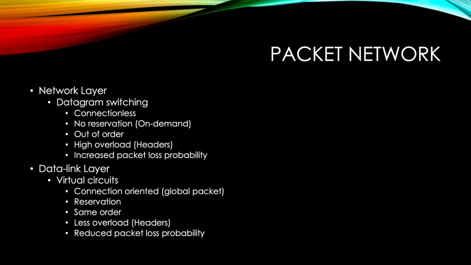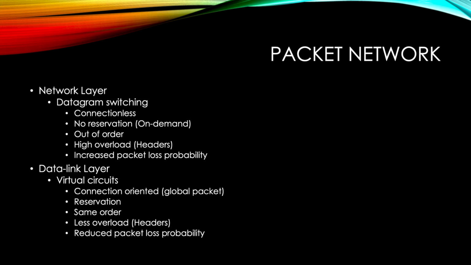When we talk about the data link layer, we call it virtual circuits. And as I mentioned before, a circuit is the idea where you have a direct connection between sender and receiver. So that means you have a connection-oriented connection. It helps you transmit data from A to B because you have this global packet which goes through the line from sender to receiver.